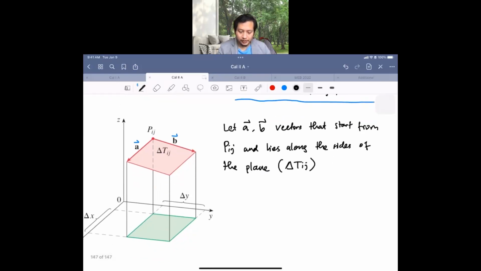Now from the vectors A and B, we know the area of a parallelogram, if you remember.